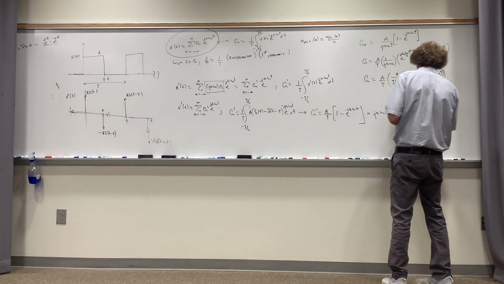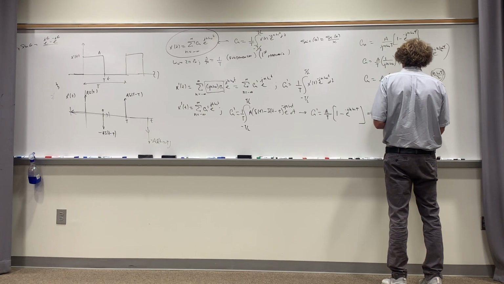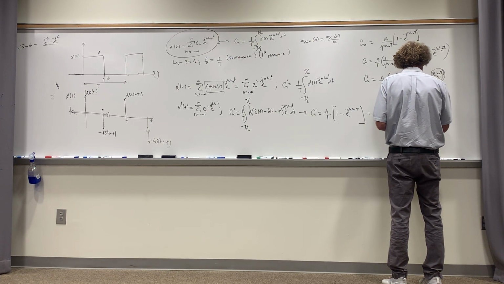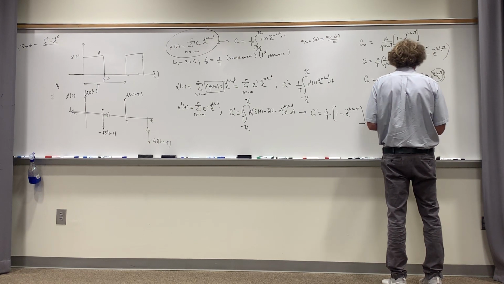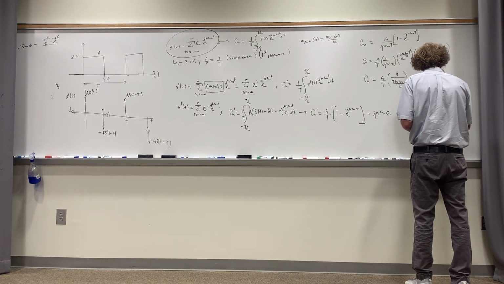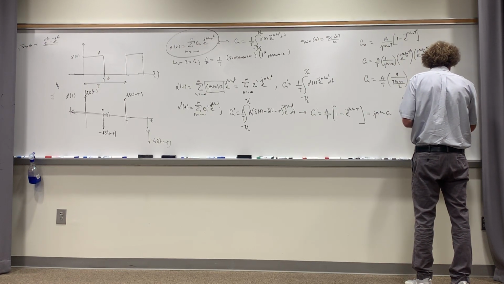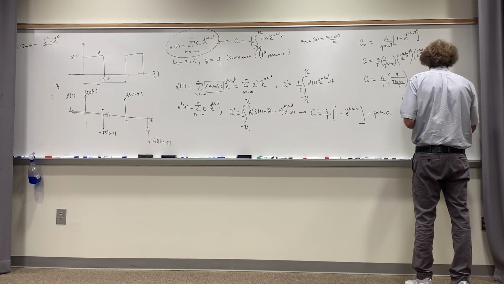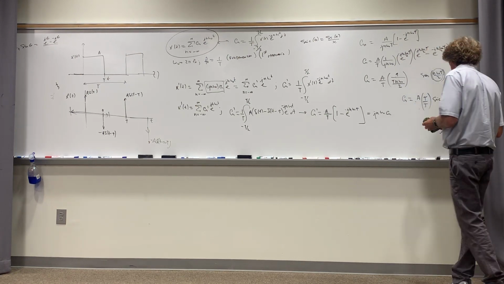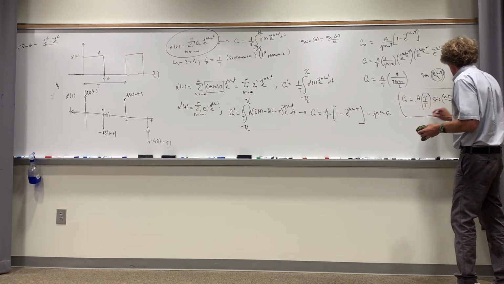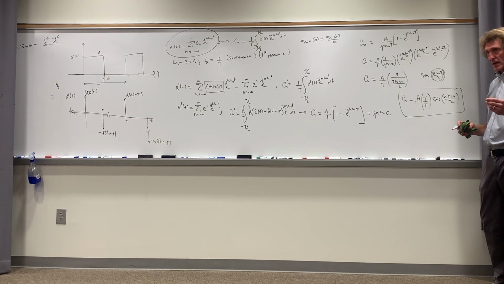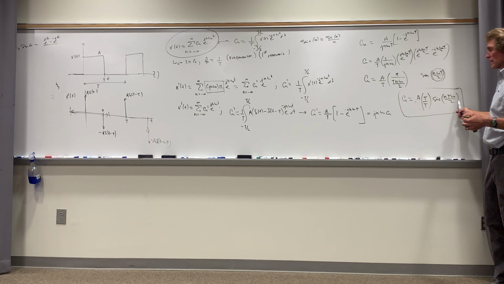So I can say my C of n here is equal to really A over T times tau, so I'm going to break this out as tau over T here, and then it's going to be the sinc of n pi, I'm sorry, I'm going to put the pi in. It's going to be n tau omega naught over 2, or n omega naught tau over 2, either way. Now, that at least is something, hear me now, this is something that you can appreciate what it looks like, right?